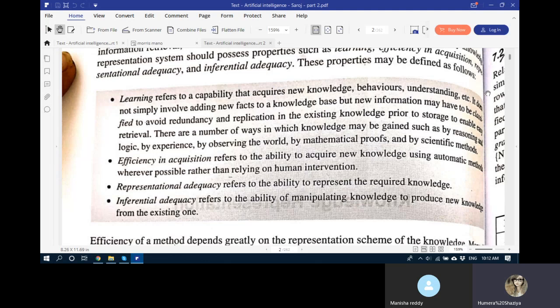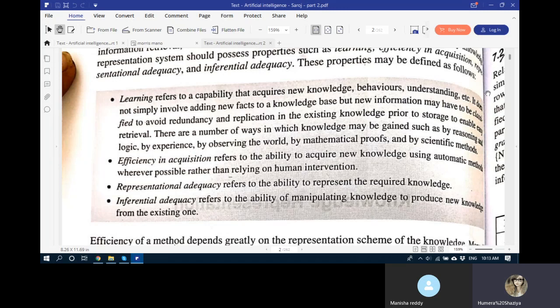In addition to these two, the other two are representational adequacy and inferential adequacy. Representational adequacy refers to the ability to represent the required knowledge. Knowledge has to be represented. For example, A. How do you represent A?